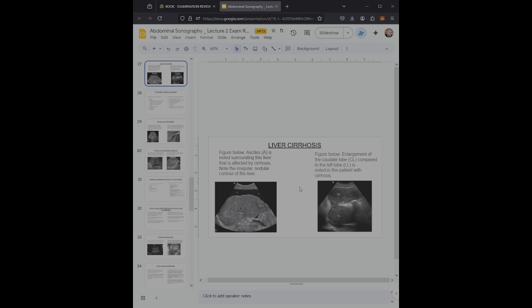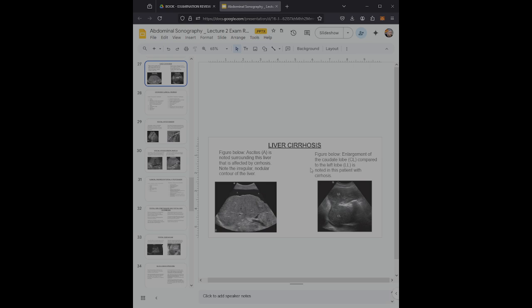And we can also perform elastography to evaluate the stiffness of the liver. So the stiffness of the liver correlates with cirrhosis complications, including variceal hemorrhage, ascites, and hepatocellular carcinoma. And these are all signs of advanced cirrhosis.